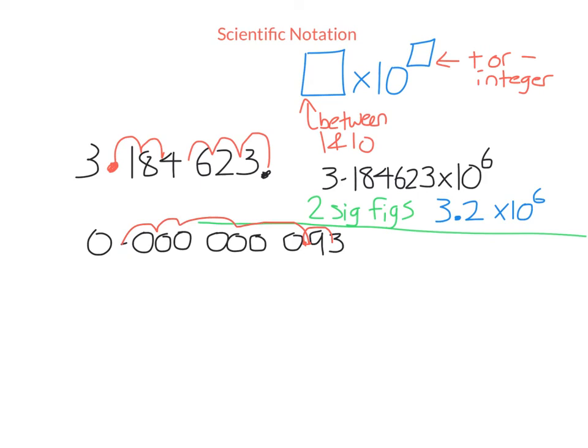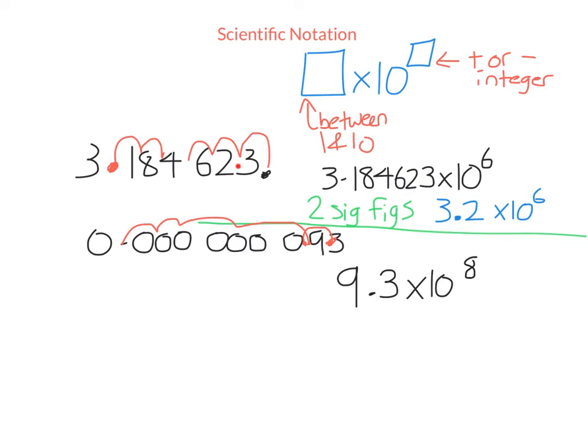If I move the decimal point here, the number becomes between 1 and 10. It becomes 9.3. Now to get that number, I moved the decimal point 8 spots. So it's always times 10, and I'm going to put an 8 here because I moved it 8 spots.